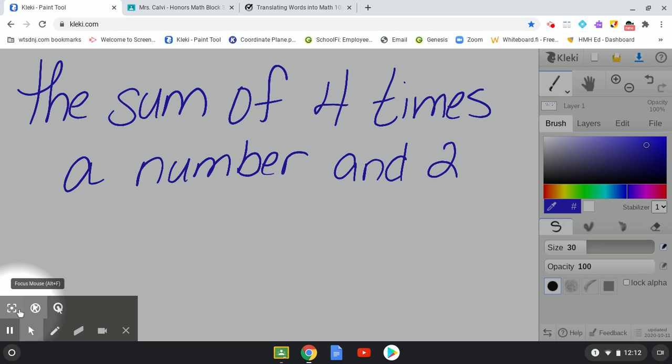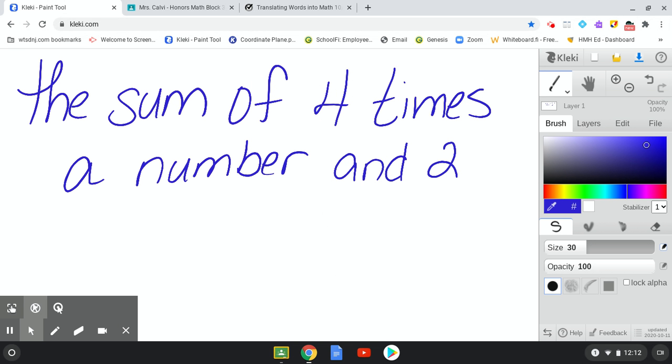Now this one here is worded slightly differently than the one before. It says the sum of 4 times a number and 2. All right, so let's identify everything. So our number is going to be n. We're going to use the variable n. We know that sum means to add, right? And we are taking the sum of 4 times a number n and 2.